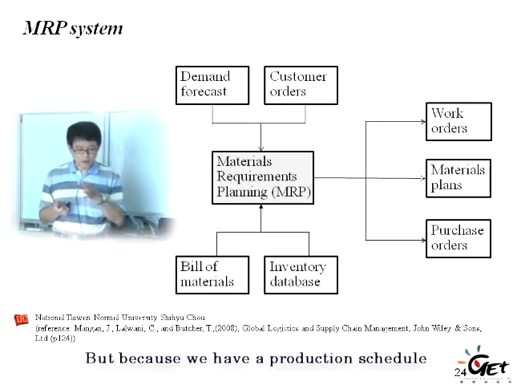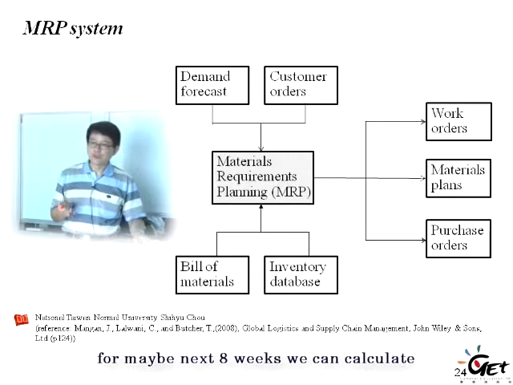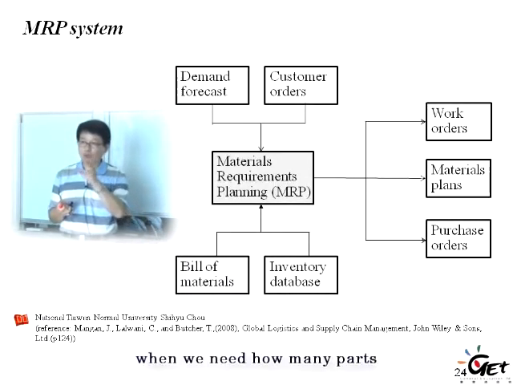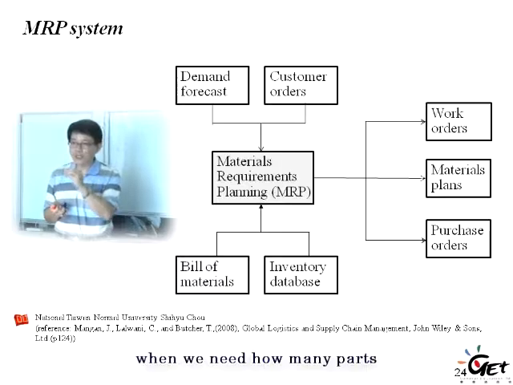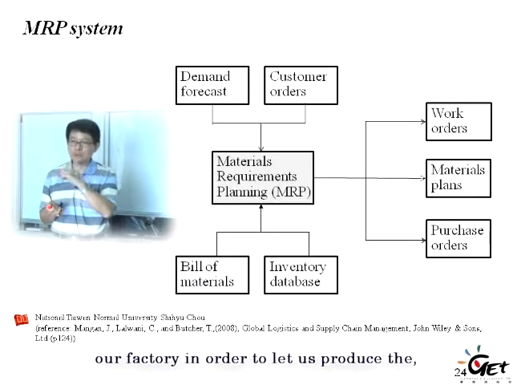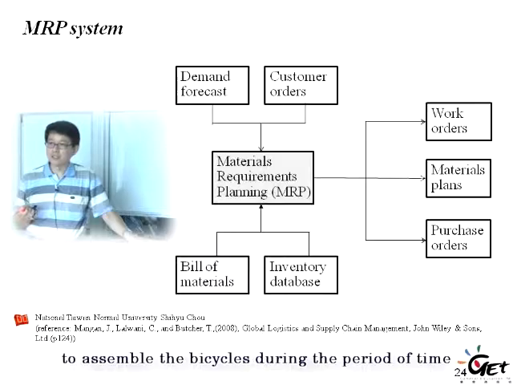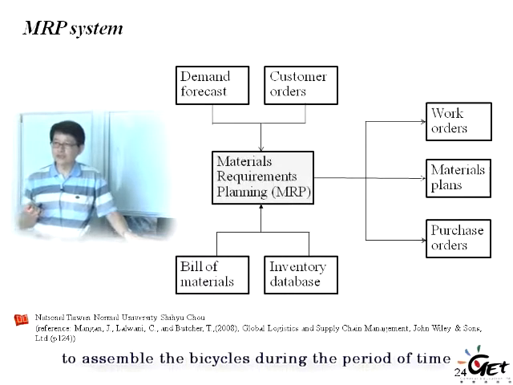Because we have the production schedule for maybe the next 8 weeks, we can calculate when we need how many parts to arrive at our warehouse, our factory, in order to assemble the bicycles during that period of time.